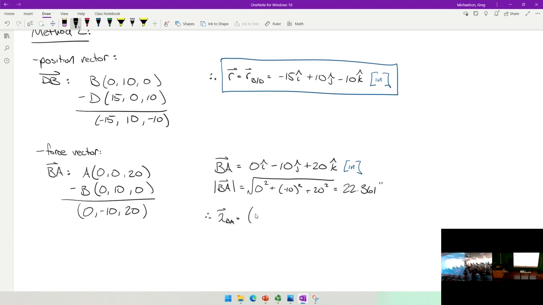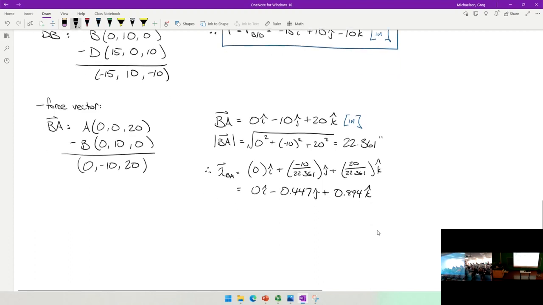Then convert that into a unit vector. So 0I plus negative 10 over 22.361 J plus 20 over 22.361 K, which is 0I minus 0.447 J plus 0.894 K. Is everybody with me on that?